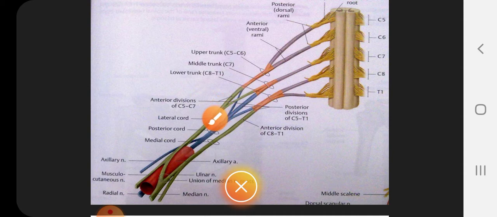The medial cord is formed by the ventral division of the lower trunk, and the posterior cord is formed by the union of the dorsal divisions of all the three trunks. These are named according to the relation of the cord to the second part of the axillary artery. So you have lateral, medial, and posterior cord.